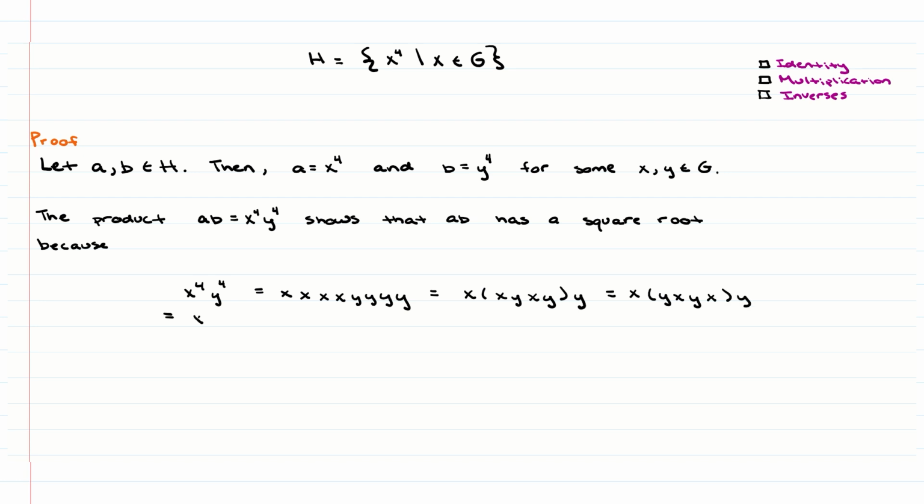This gives us xy, xy, xy, xy. So that's xy 4 times. So x times y raised to 4. So we've shown that x raised to 4 times y raised to 4 equals x times y raised to 4. Clearly, A times B has that form we were talking about earlier, and so therefore H is closed under multiplication. So I'm going to check that off of our list, and let's move forward in this proof.